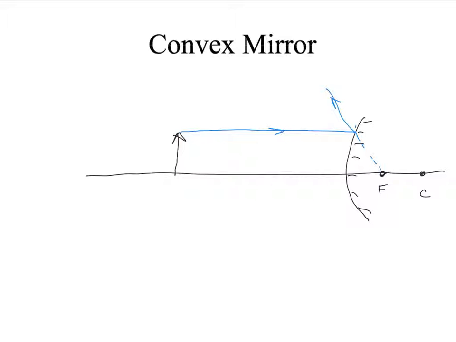So the light ray that looks like it's going towards the focal point, it's kind of hard to just eyeball, is going to reflect back parallel to the principal axis, and the light ray that looks like it's going towards the center of curvature is going to reflect back on itself. Again, I have 3 light rays coming off of the mirror, and none of them look like they're going to intersect with each other. So we trace them all back.